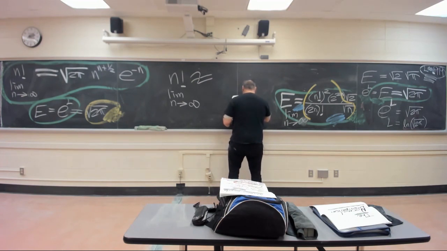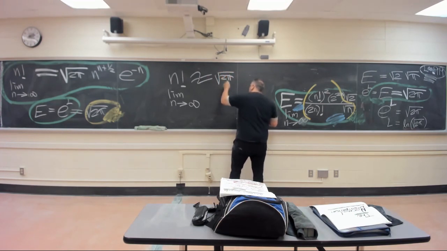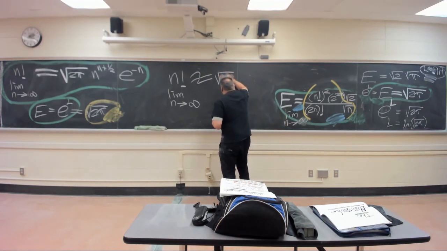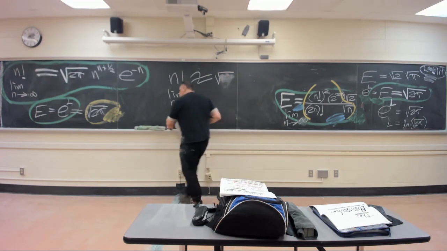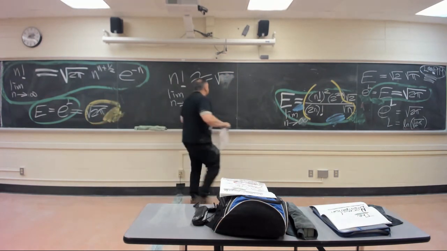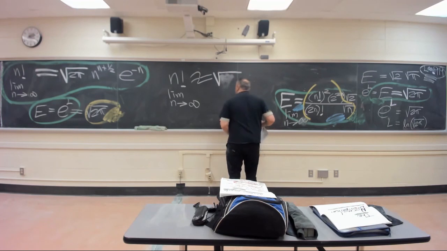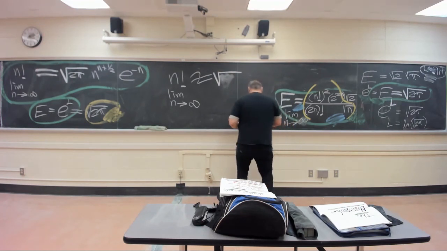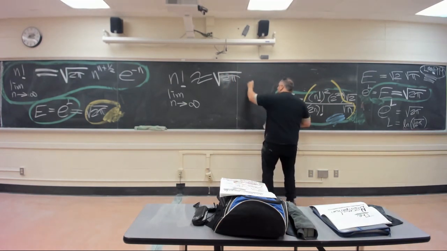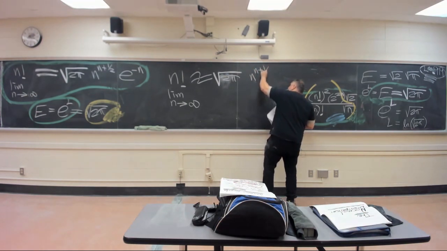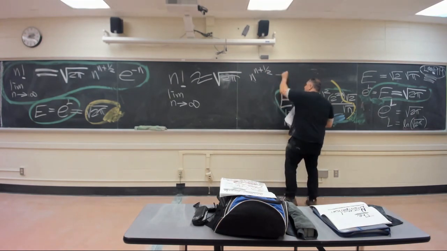There's a whole bunch of ways they write it, but to me, aesthetically, this is among the best. 2 pi n to the n plus a half.